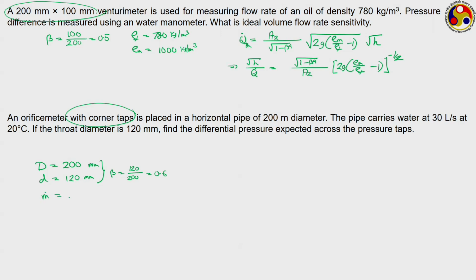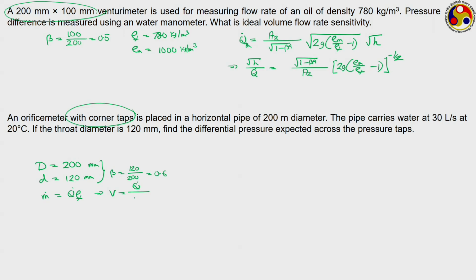M dot, volume flow rate is given, that is your q dot at 30 liter per second, into rho f will be the mass flow rate. And if our interest is to calculate the velocity of the fluid, then how much will be the velocity?